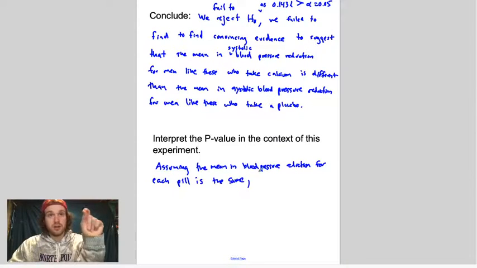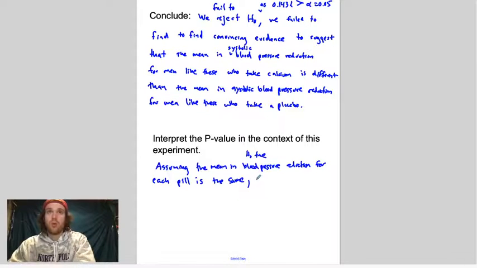Okay, assuming that the mean is the same. So assuming that H naught is true. Basically, before I write it, 14.32% of the time, if we had randomly put the people into other groups, then we could expect to get results like we did or more extreme than we did. 14.32% of the time. So how do we say that in the context of this question?